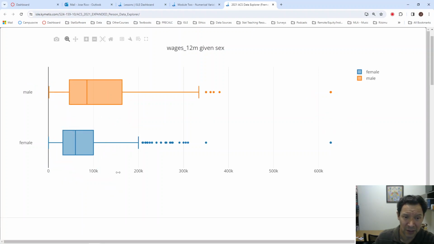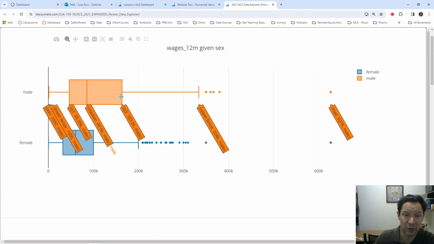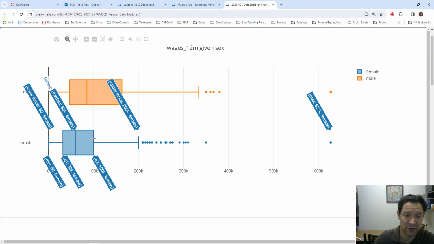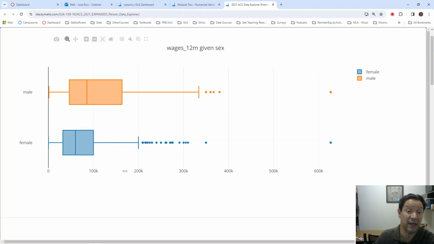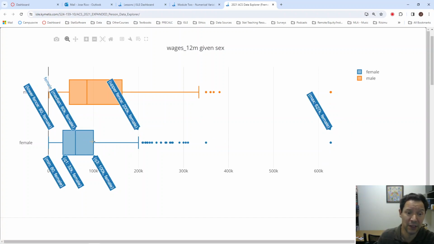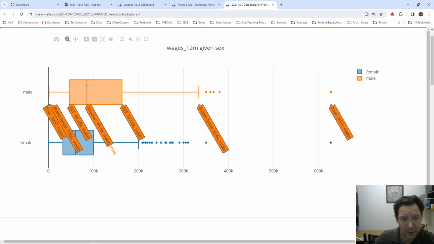So we noticed in the summary statistics the Q3s were very different, 163 versus 100, and you see that very prominently. If you think about this, 75% of the women make $100,000 or less. For the men, we hit the 50 mark right here, but we don't hit the 75 mark until we get to 173.